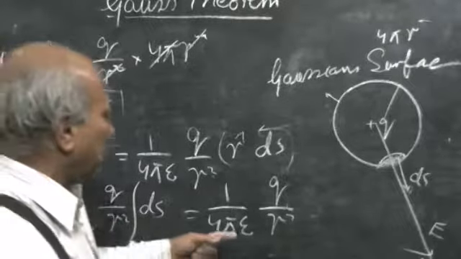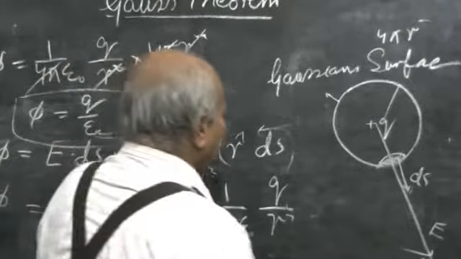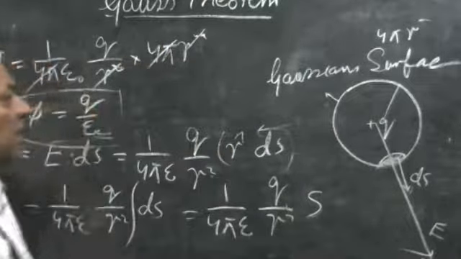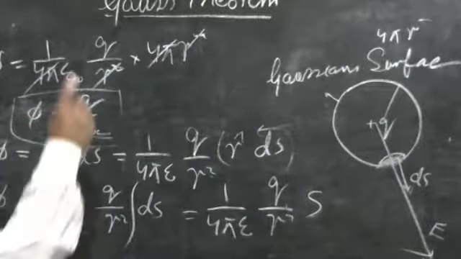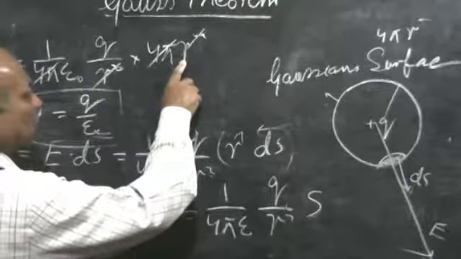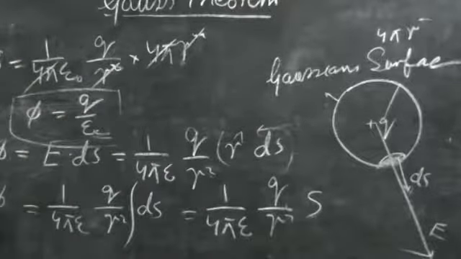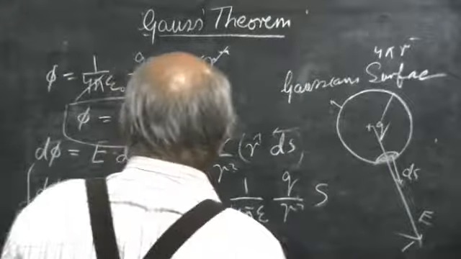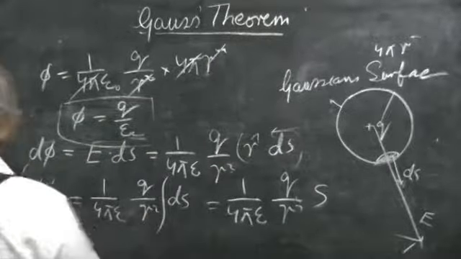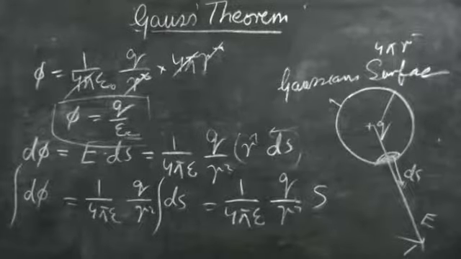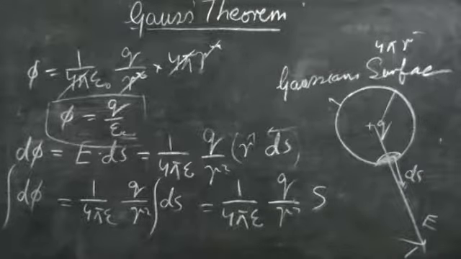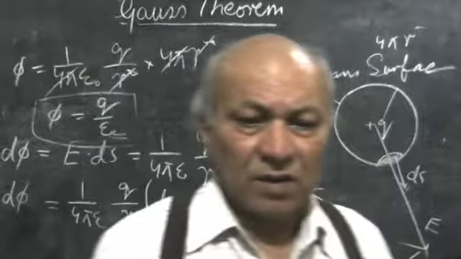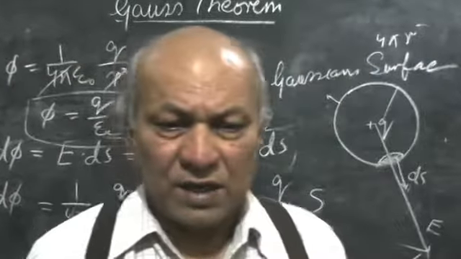After integration we will get the whole area. If it is in spherical shape, area will be 4 pi r square. If it is in cube shape, 6 into side square. Do you understand?